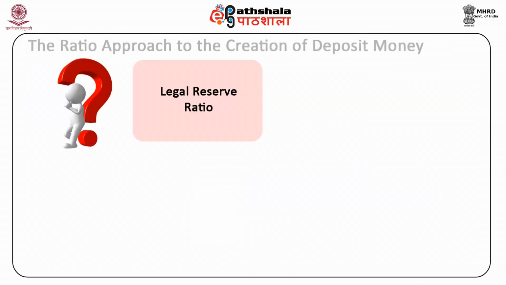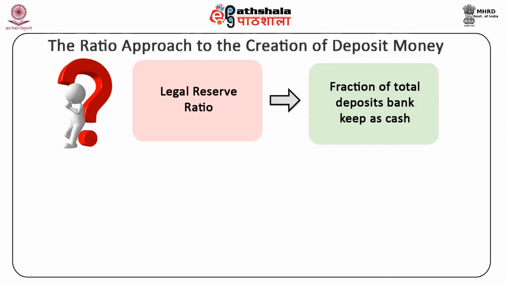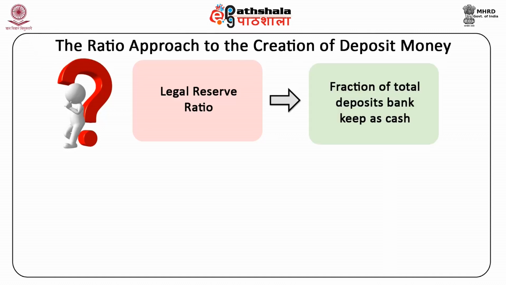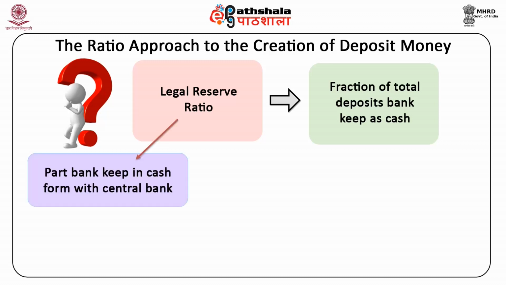Legal reserve ratio is the fraction of total deposits that a bank has to keep as cash. It has two components. A part of LRR, which a bank has to keep in cash form with the central bank, is called cash reserve ratio, that is CRR.